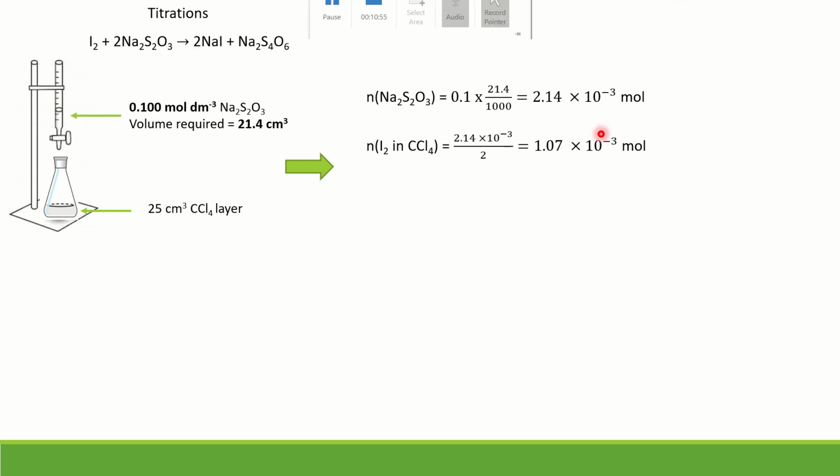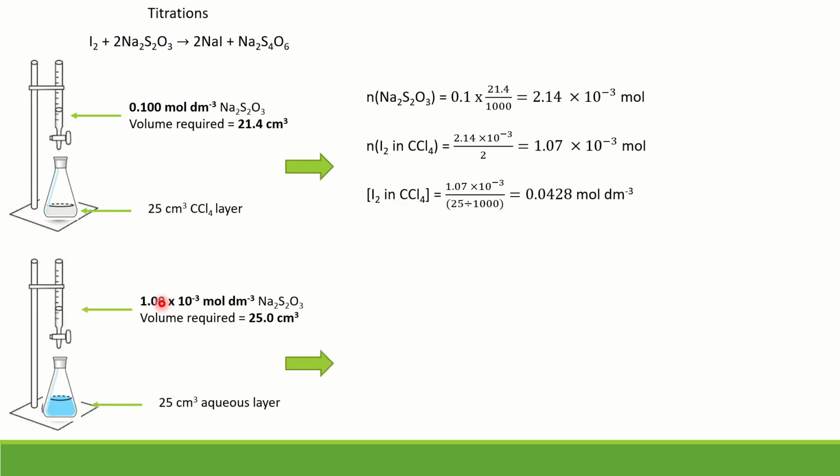So, whatever number of mole that you have here, you divide it by 2. Then you get 1.07 times 10 negative 3 mole. And finally, you can find the concentration. Number of mole divided by the volume. What's the volume of the CCl4? It's 25 cm cube. Then you will get 0.0428 mole per dm cube. So this will be the concentration of iodine in CCl4.